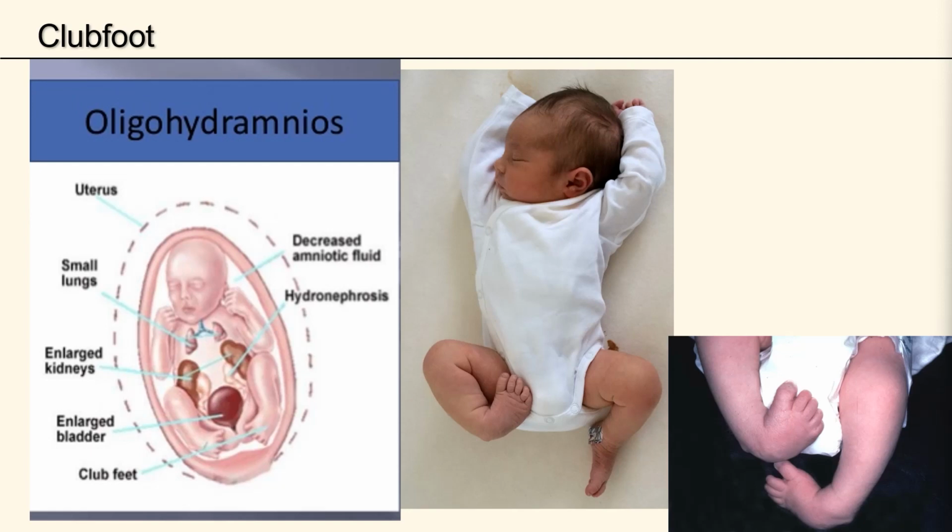We can also see in this middle image that a club foot might not be the only presenting deformation as a result of oligohydramnios. The cranium can also be affected, and in this image we can see an example of slanting cranium.